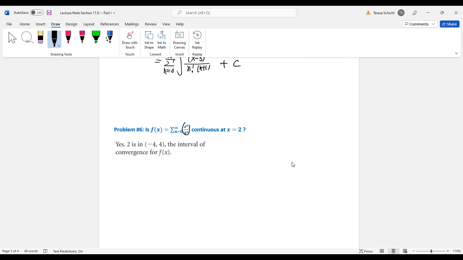Because this is a geometric series, we can say the absolute value of x over 4 is less than 1. That means the absolute value of x is less than 4, so that's why it's -4 and 4. That means this is the domain, and x equal to 2 is continuous because this is a polynomial. Right? All right, that's it.